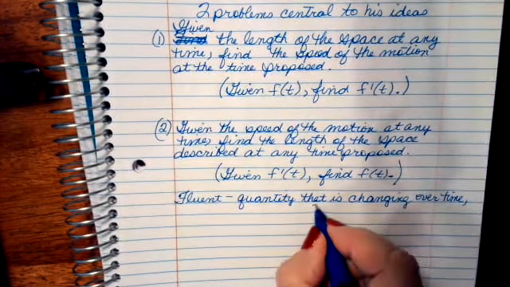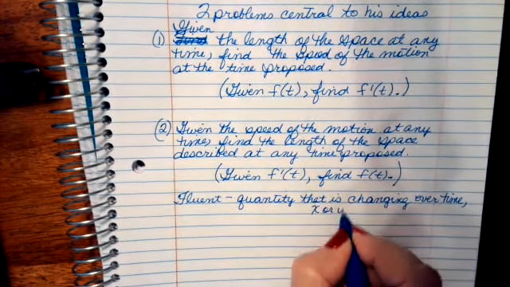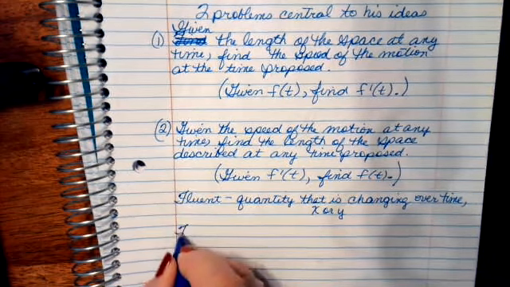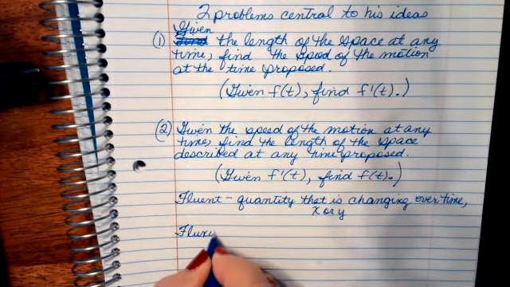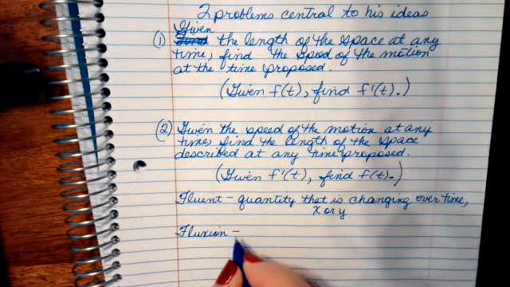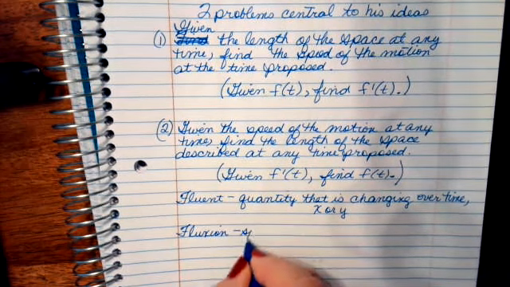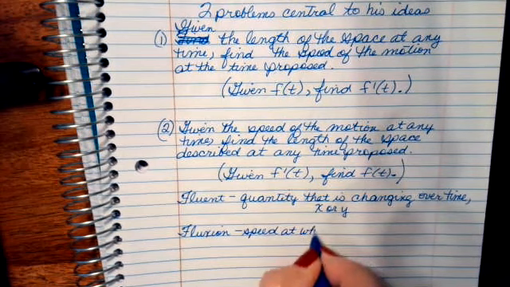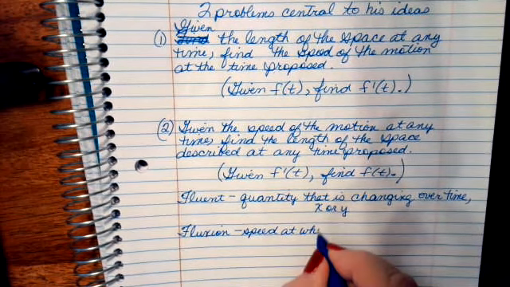We would represent that with an X or a Y, typically. Not always, but typically X or a Y. The fluxion is the speed at which this quantity changes.